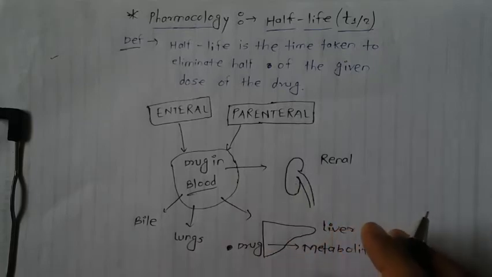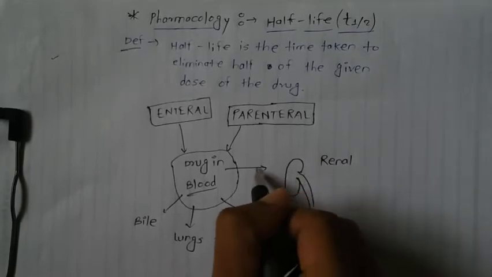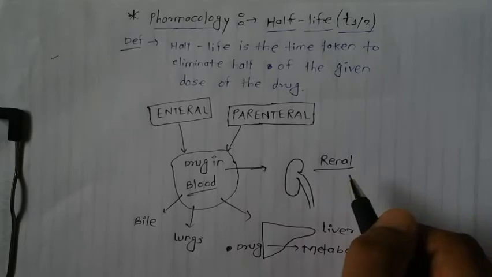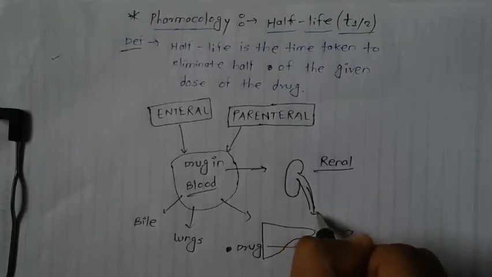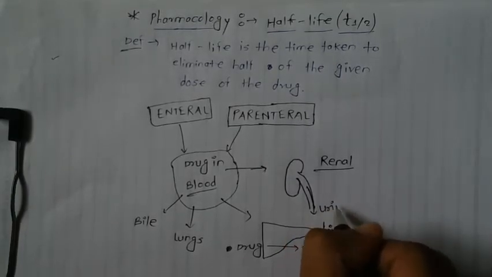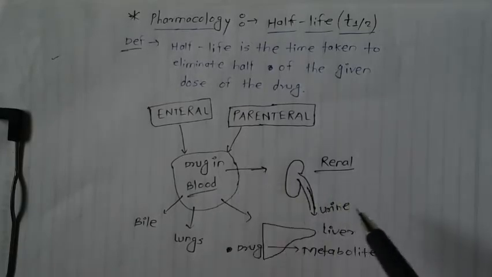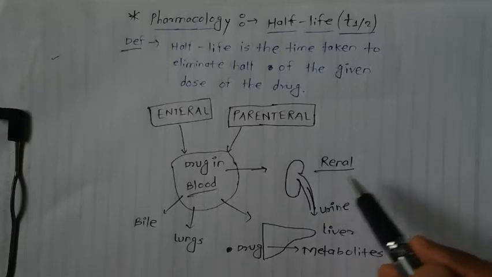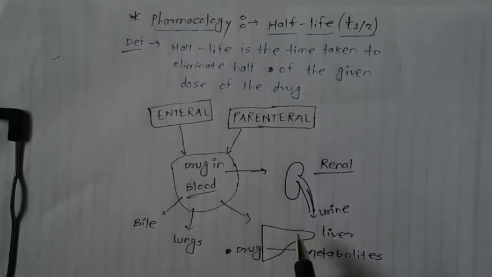Most of the drugs, like water soluble drugs, are excreted through the kidney via renal excretion and get eliminated from the body through the urine. Some lipid soluble drugs go into the liver, and there they are metabolized into various metabolites.